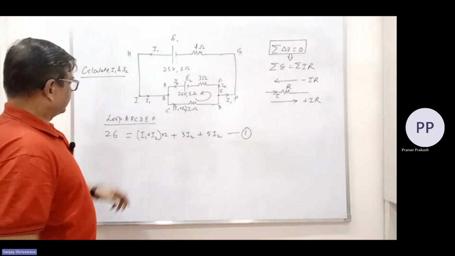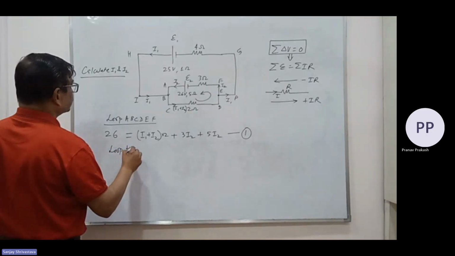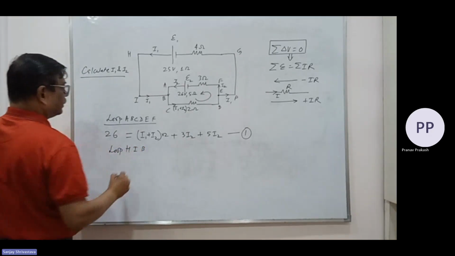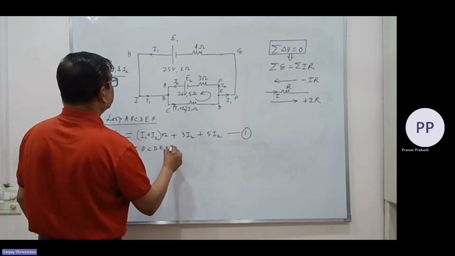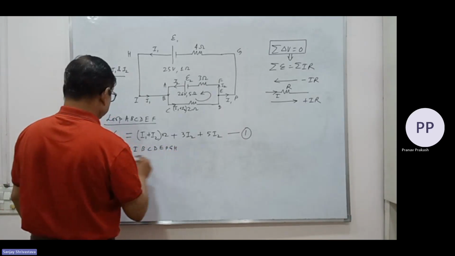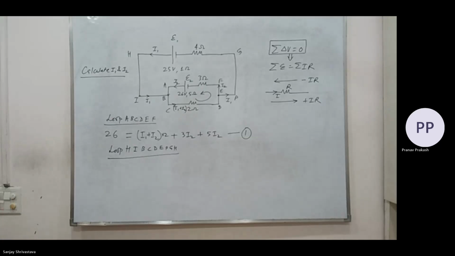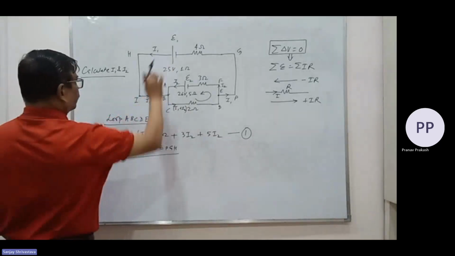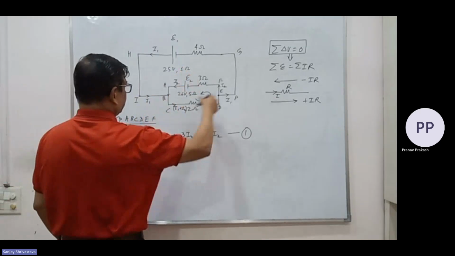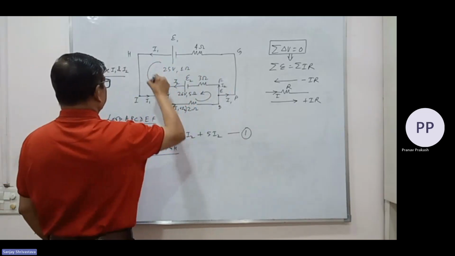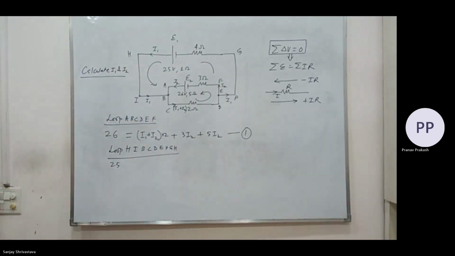So take H, I, P, C, D, E, G, H for this loop. Let's take anti-clockwise here also.